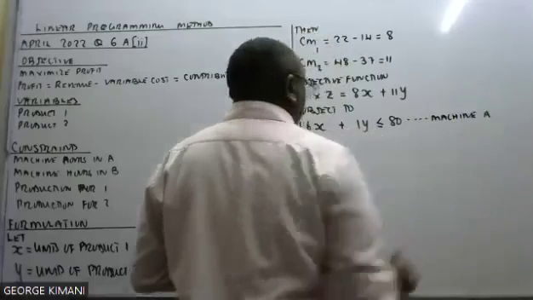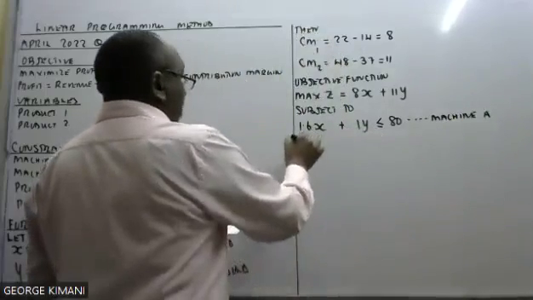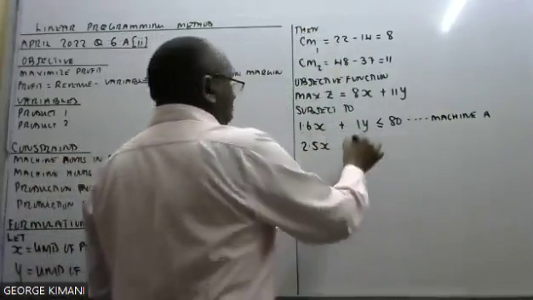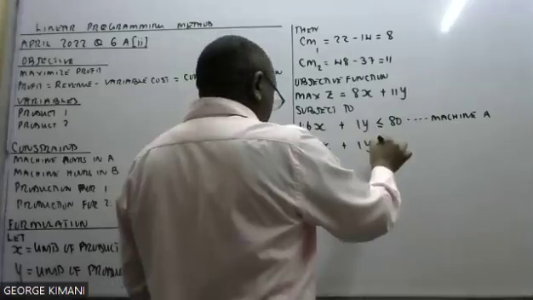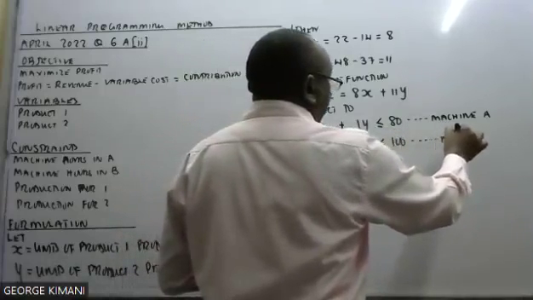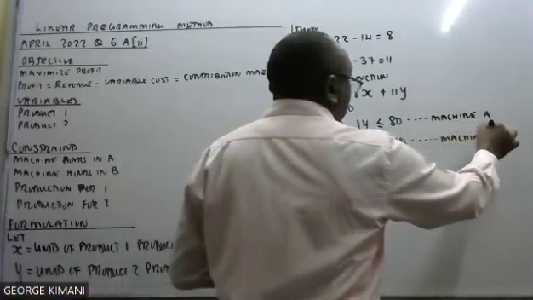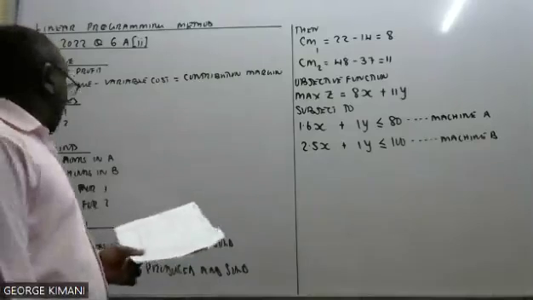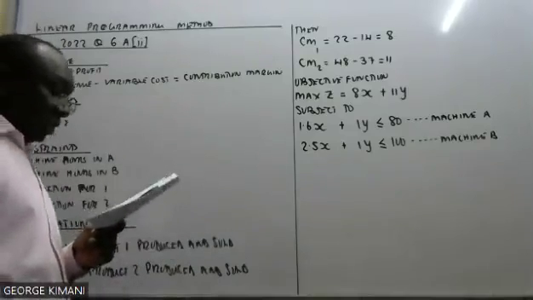That is machine A. The next one is 2.5x plus 1y is less than or equal to 100, and this is machine B. Then there is the issue of production.